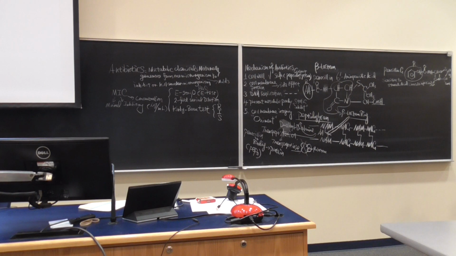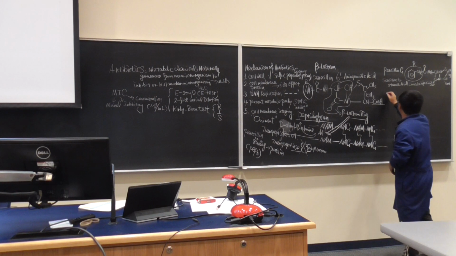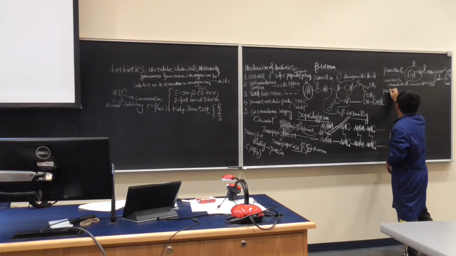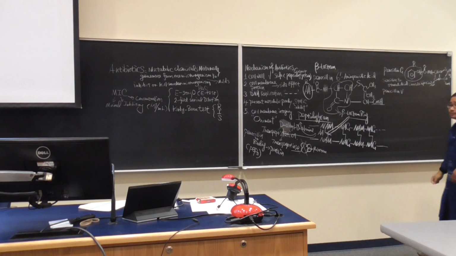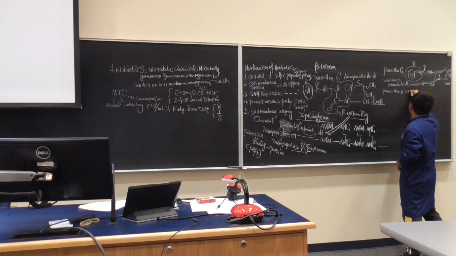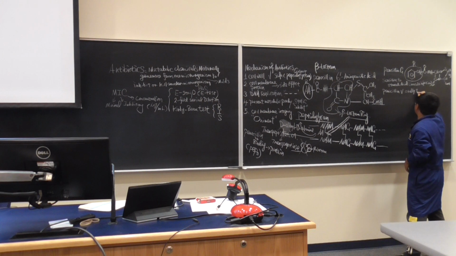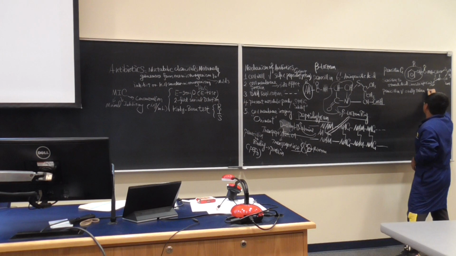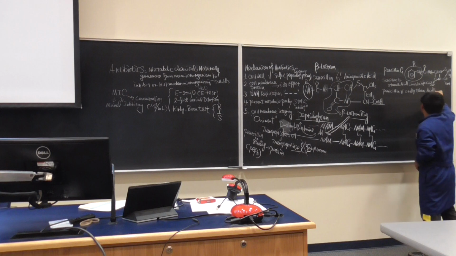That's not very nice, to be honest. So people thought, we're going to develop something. So they developed penicillin V. The good thing about penicillin V is that it can be taken orally because it is acid resistant.